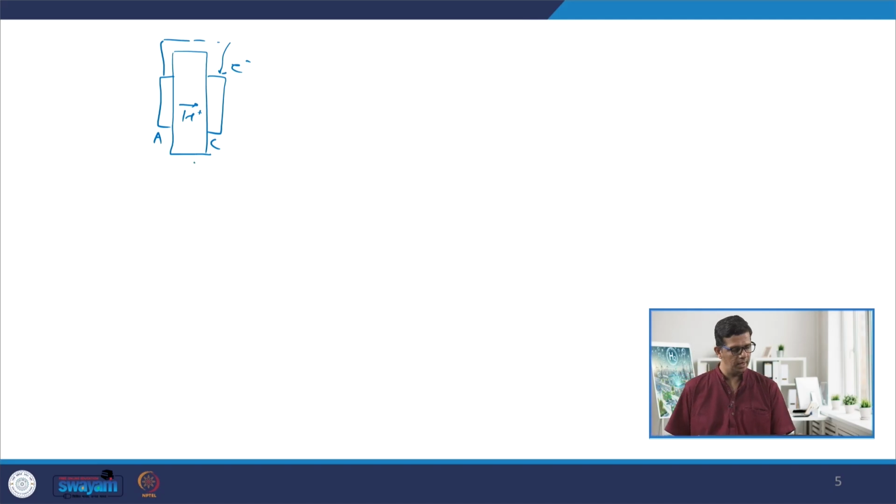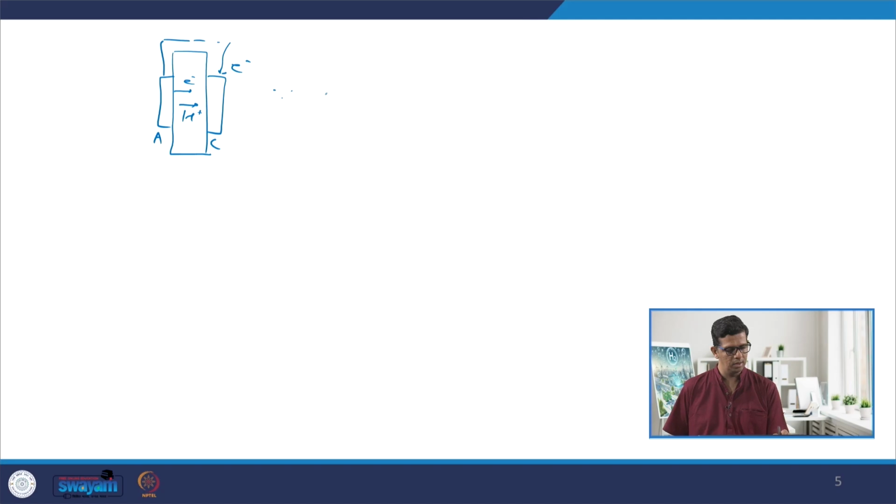If this electrolyte has a good electrical conductivity as well, then instead of the electrons traveling in the external circuit, they will travel through the electrolyte, and in that way we will not get any flow of electrons in the external circuit, and that ultimately leads to electrical shorting. Why does this happen?